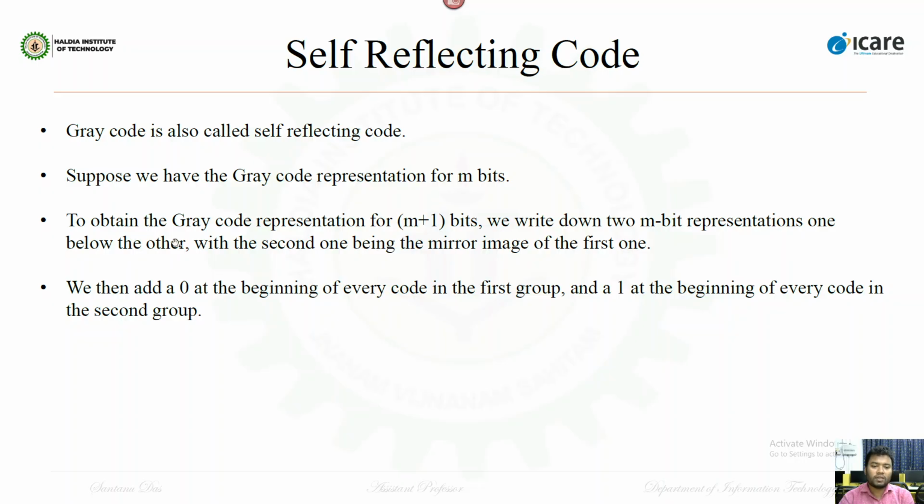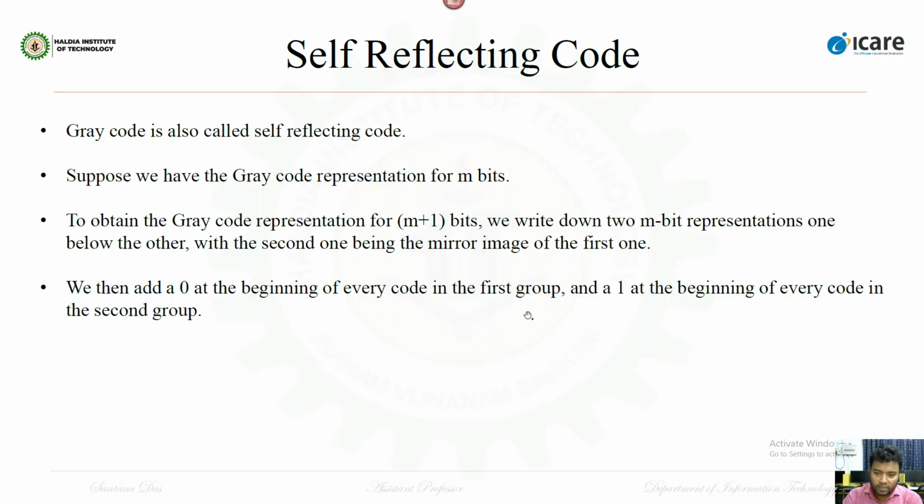To obtain the gray code representation for the next bits, that is the m plus 1 bits, we write down two m-bit representations, one below the other, the second one being the mirror image of the first one, and we then add a 0 at the beginning of every code in the first group and a 1 at the beginning of every code in the second group.